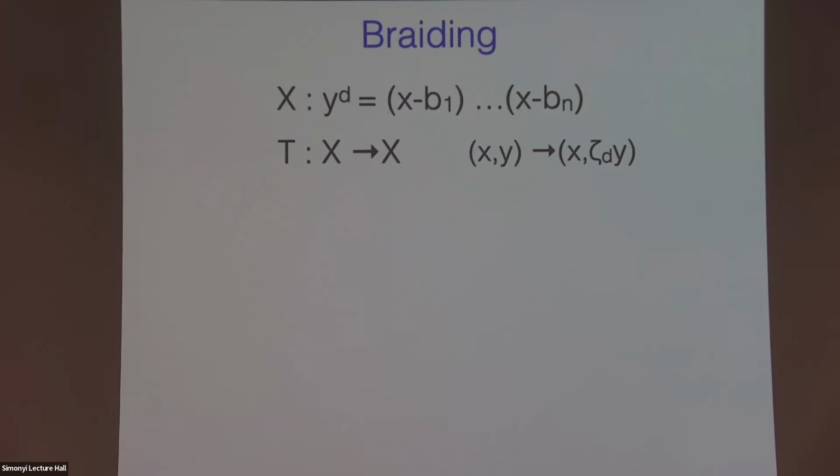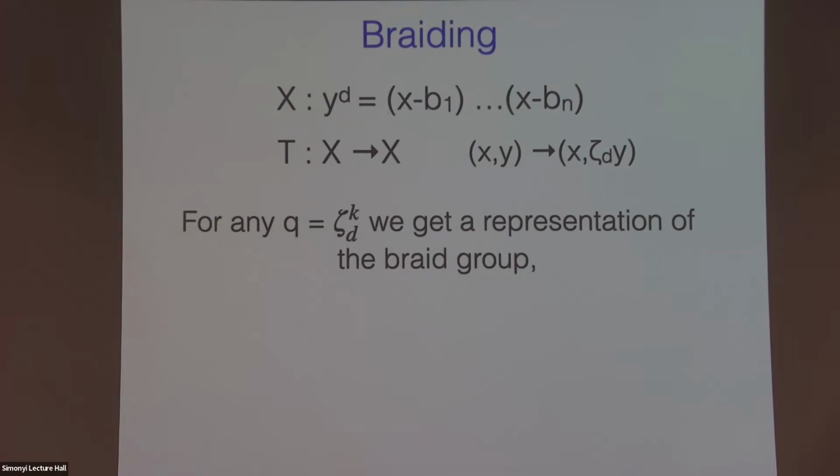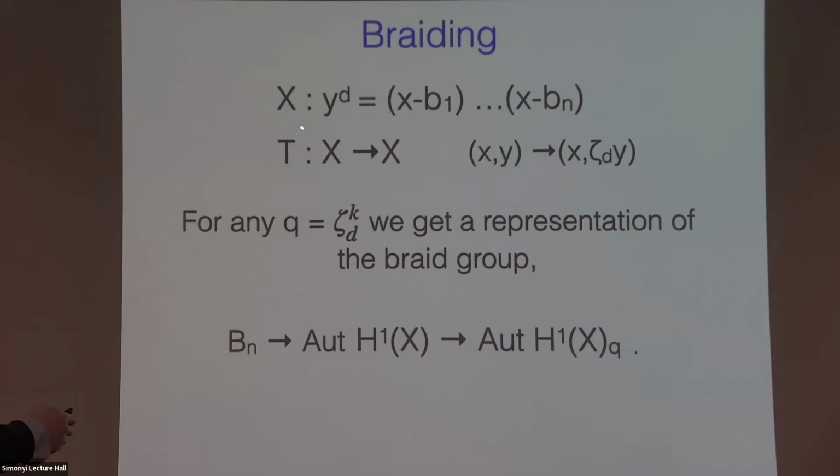Let's keep in mind that the symmetry is part of the data as well as the map to the projective line given by the coordinate x. Then, for any dth root of unity, we get a representation of the braid group. Namely, the braid group goes into the automorphism group of the first homology of this surface X.